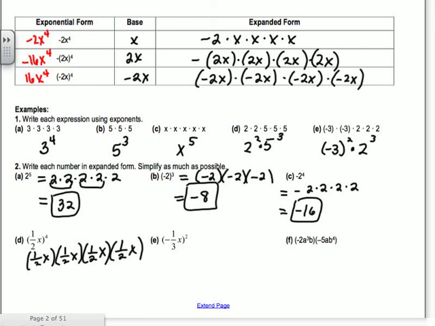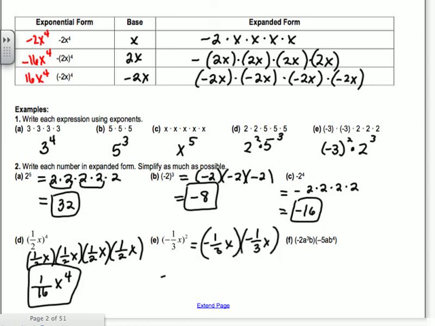On the top, I'd have 1, right? 1 times 1 times 1 times 1. On the bottom, I'd have 2 times 2 times 2 times 2. So 1 over 16, right? x to the 4th. Okay, and the next one, I have negative 1/3 x times itself. So I get 1/9 x squared.